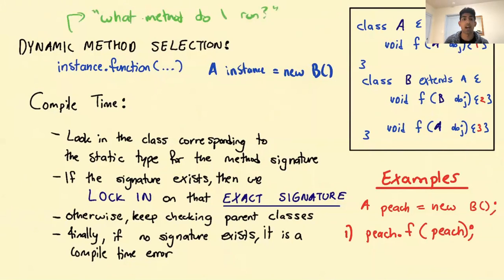Oftentimes you'll have a method call or a function call, and there's so many different methods that possibly could work, right? Looking at this example right here, if we have peach.f of peach, there's so many f methods, and we have no idea which one to choose, right? Well, lucky for us, dynamic method selection outlines very clear rules of which method we actually want to run.